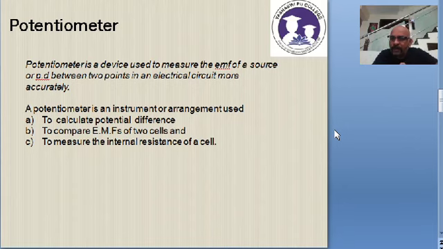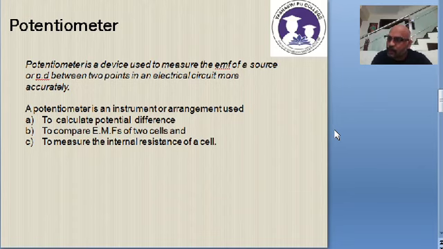Very simple. Because any measuring device should not draw current from the battery. Suppose you connect a voltmeter across the resistor. For the voltmeter to function, some current is required, and that current is obtained from the battery itself, from the cell itself.